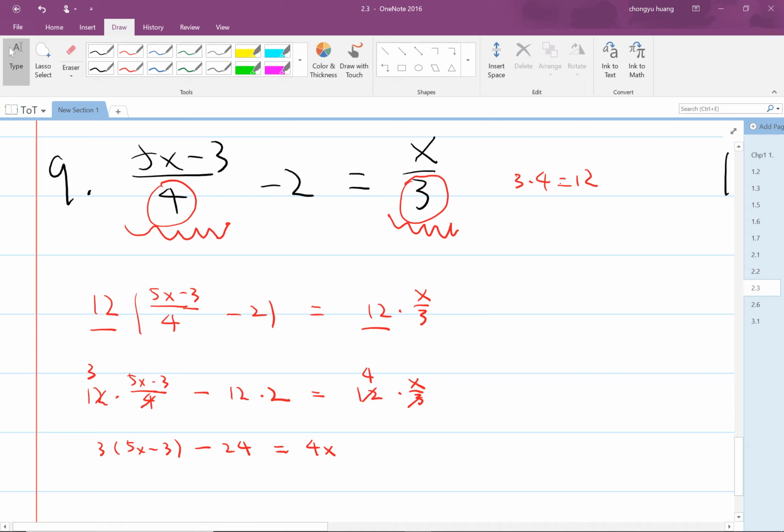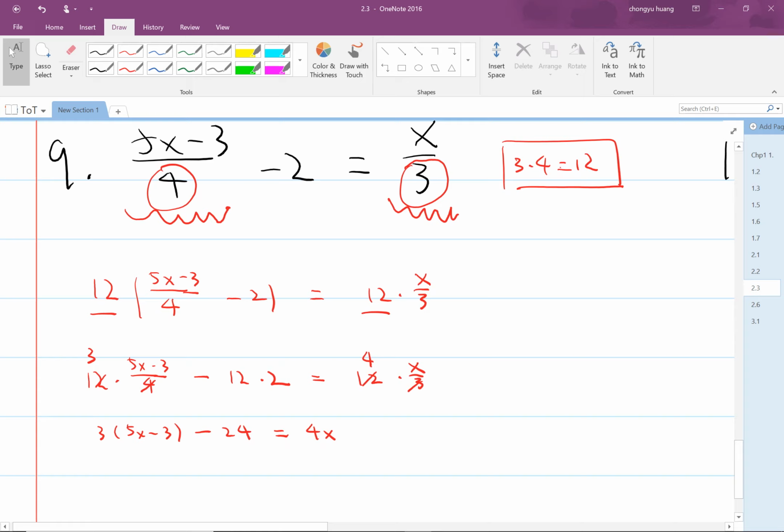That's why we have to multiply by 12, because 12 is the common factor of 3 and 4. So if we multiply by 12, we are able to get rid of them, right? Okay, so let's move further.